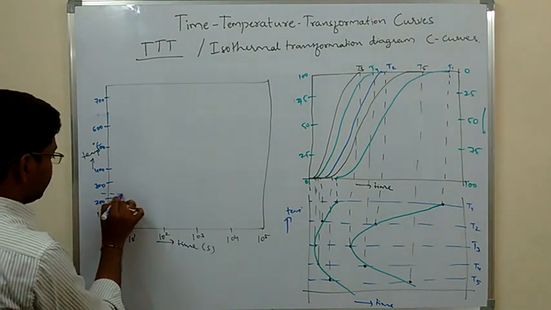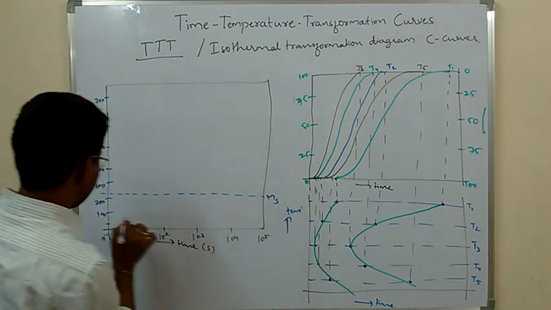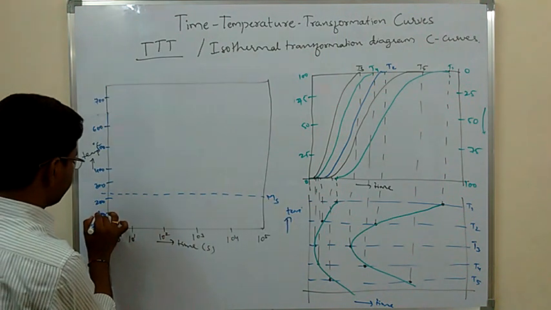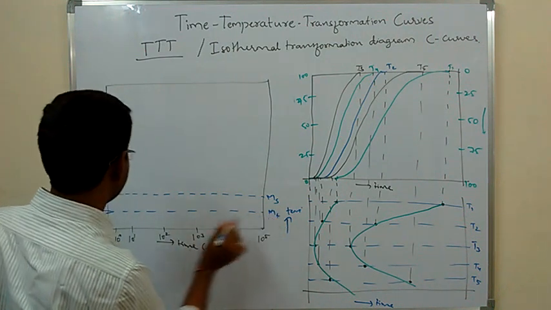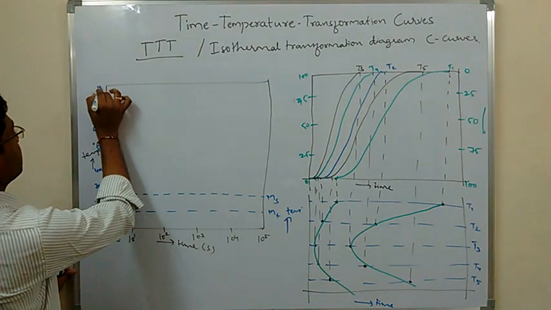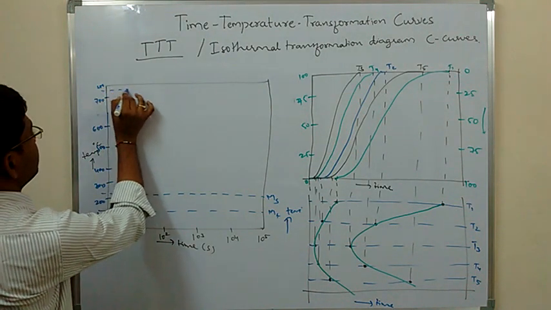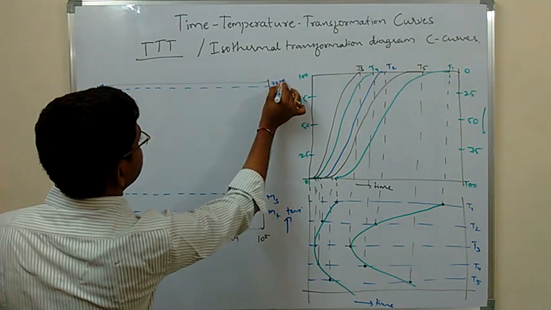So here this is the martensitic start temperature line, Ms. Here is the martensitic finish temperature line. And 800. So the eutectoid temperature line will be 727 degrees Celsius.